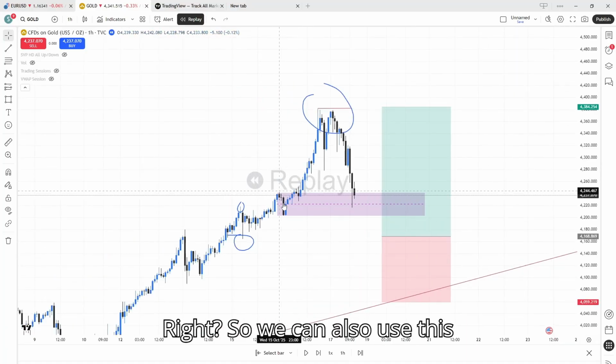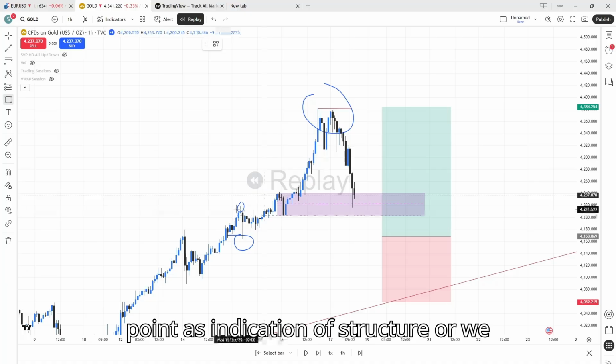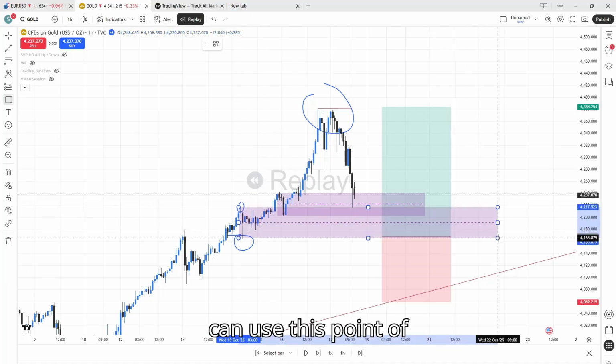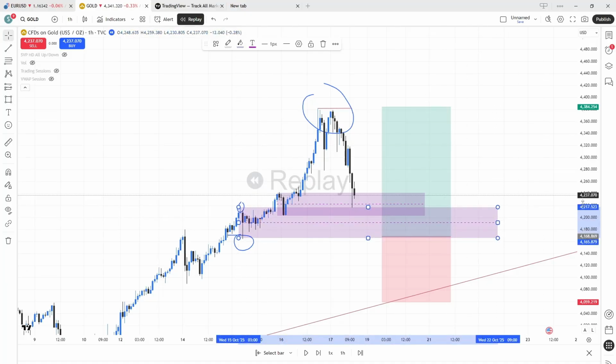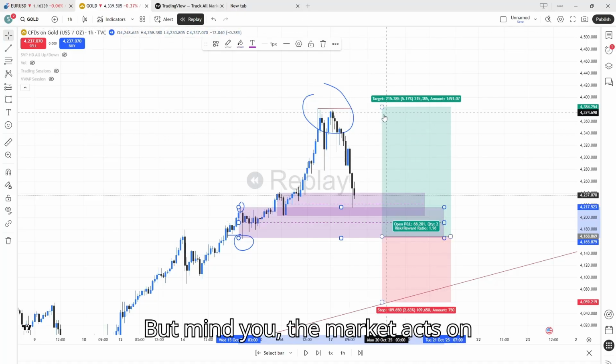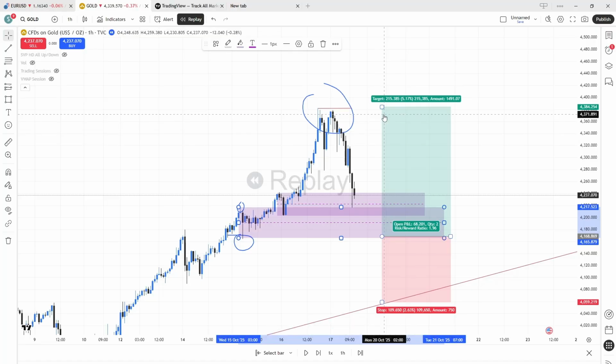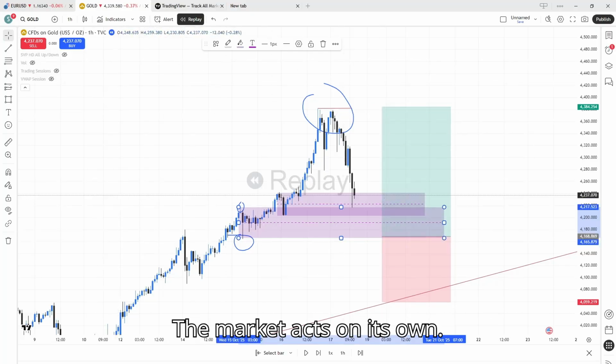So we can also use this point as an indication of structure, or we can use this point of structure. But mind you, the market acts on its own. The market acts on its own.